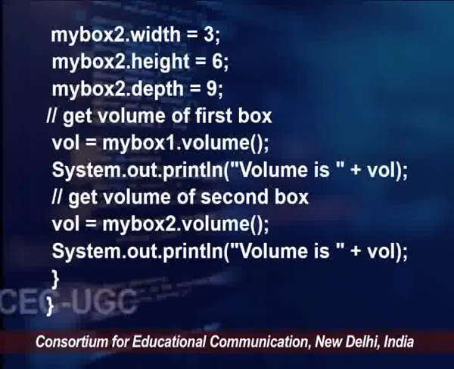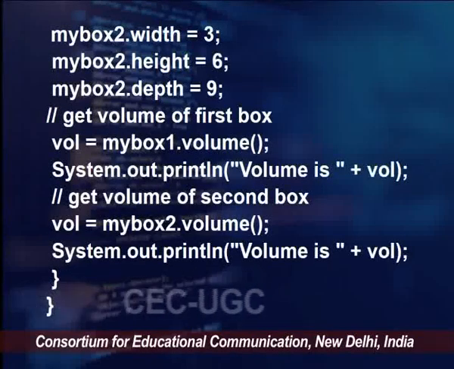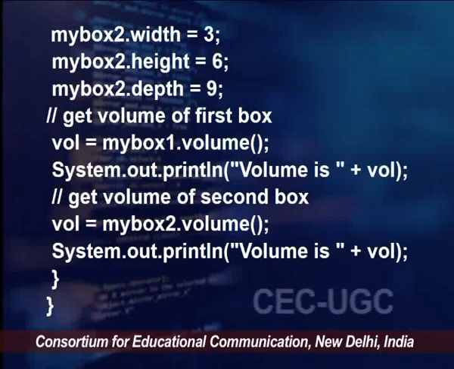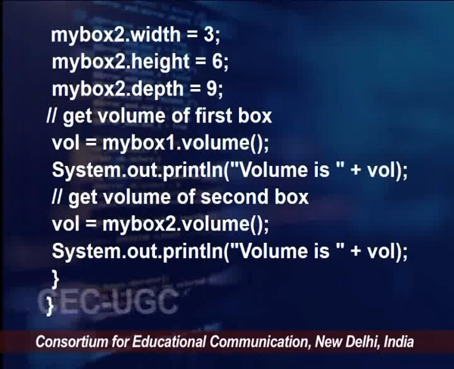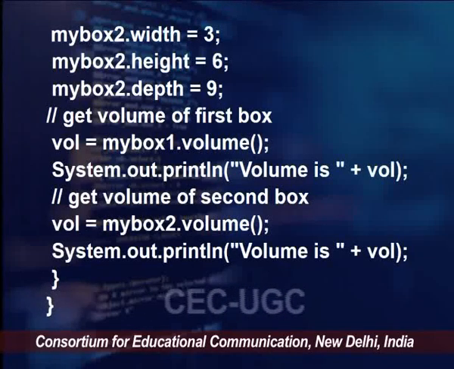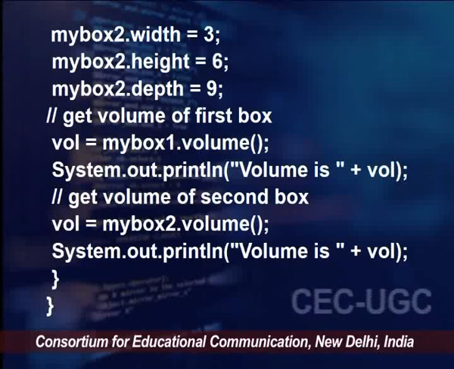Here we have the new statement: vol is equal to mybox1.volume. That means we have called the volume function using the instance mybox1, and whatever value is returned will be stored inside vol.